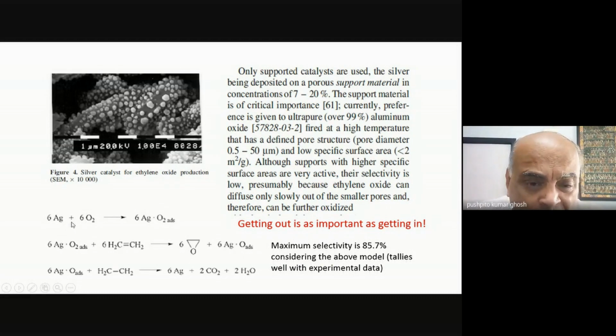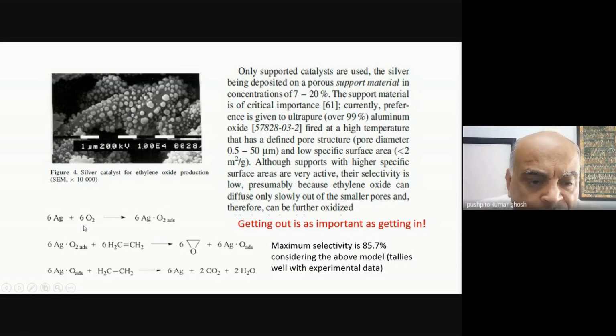You remember when we talked about vanadium pentoxide, and we showed some of these adsorptions on active sites. So this is like, let's say, your metal, which is these spheroids over here.